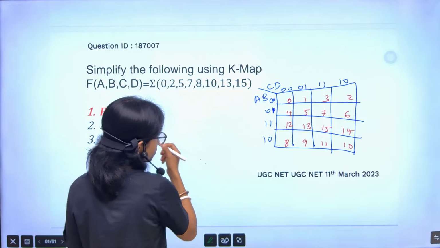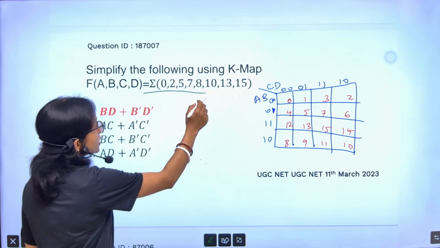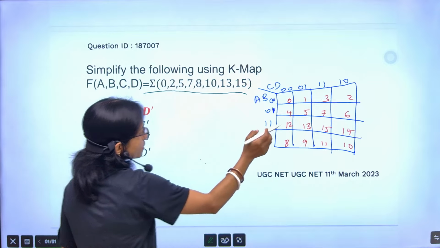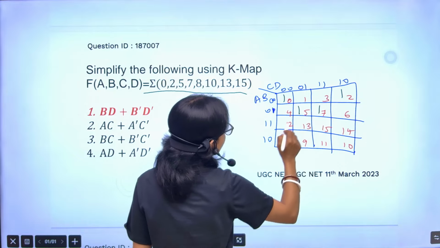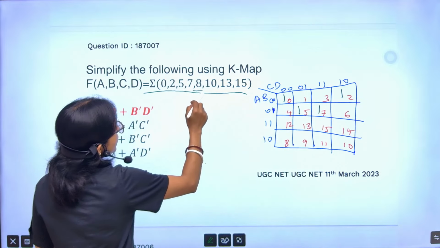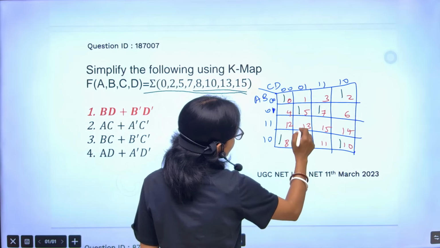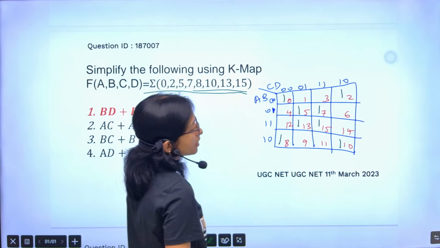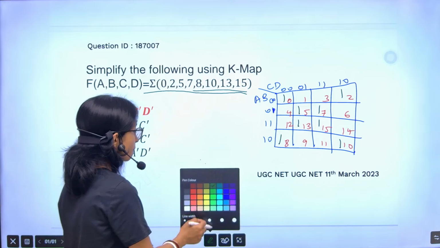Now I am going to put the values here: summation given, 0, 2, 5, 7, 8, 10, 13, 15.